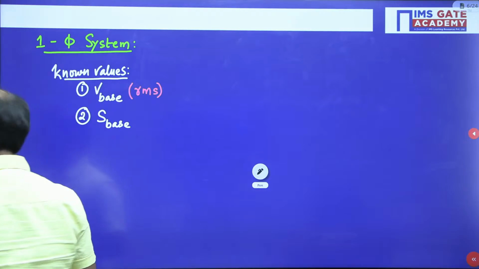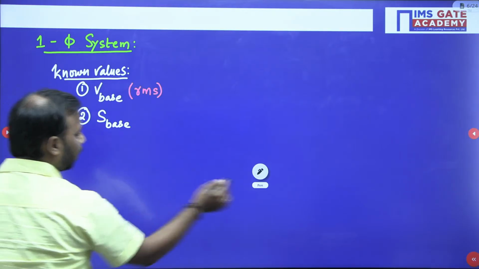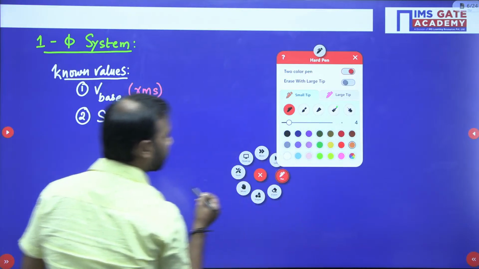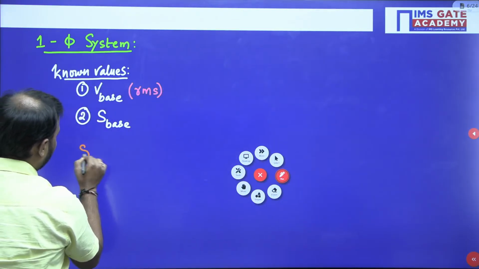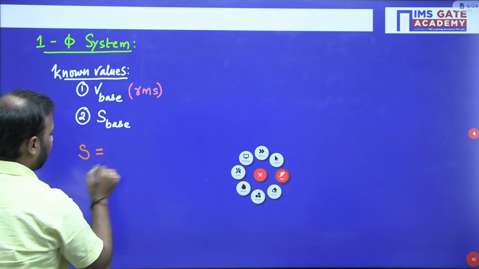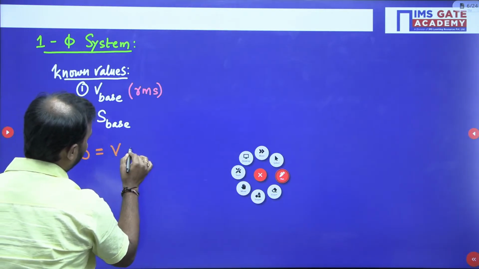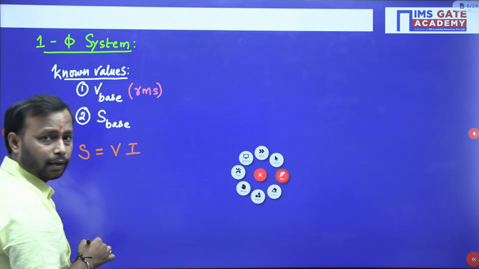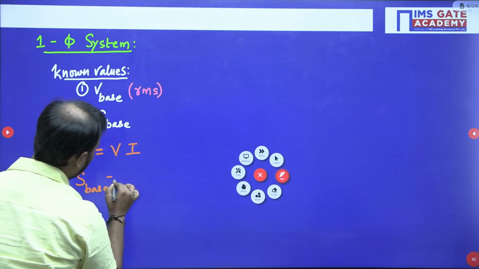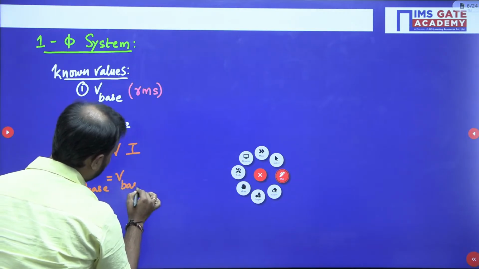See how. We know that the complex power S, or rather the apparent power S, is nothing but voltage into current. So S base will be V base into I base.